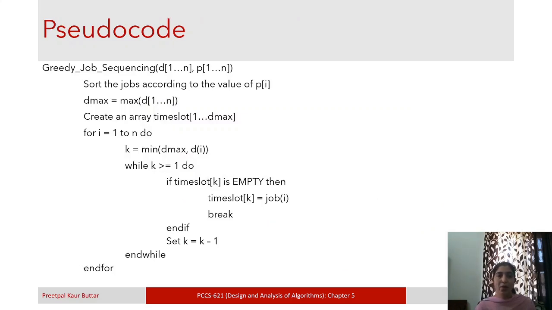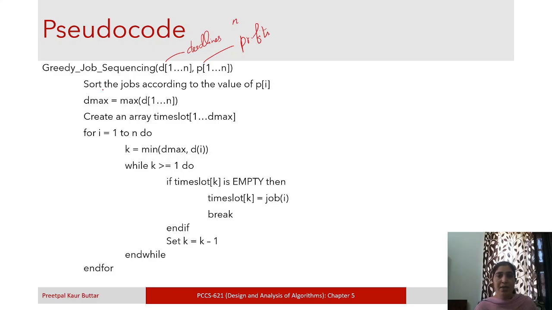Now we will look at the pseudocode for this job sequencing problem. The inputs given to us are n, the number of jobs, an array D which contains the deadlines of all the jobs, and an array P which contains the profits of all the jobs.